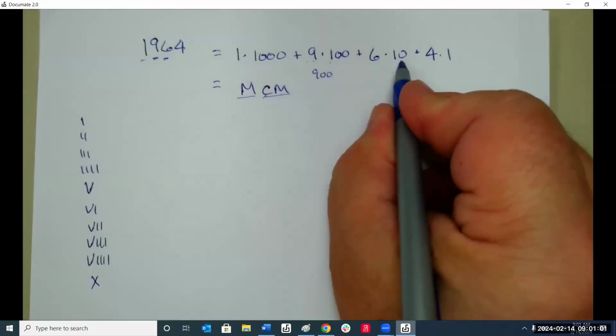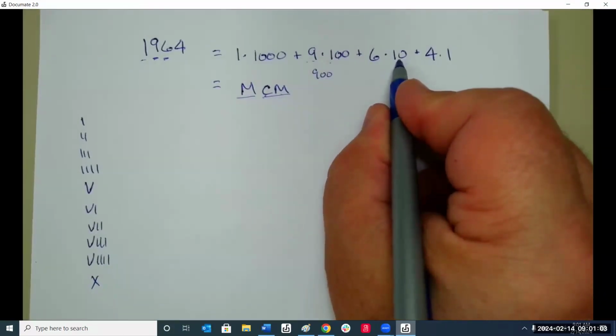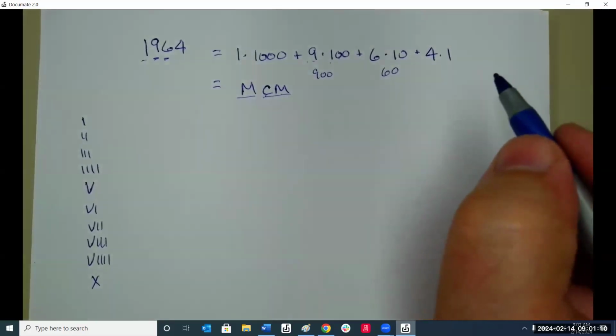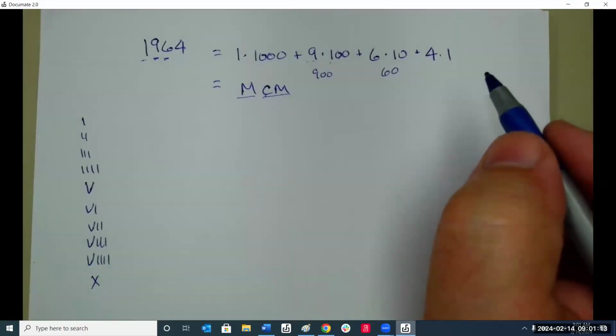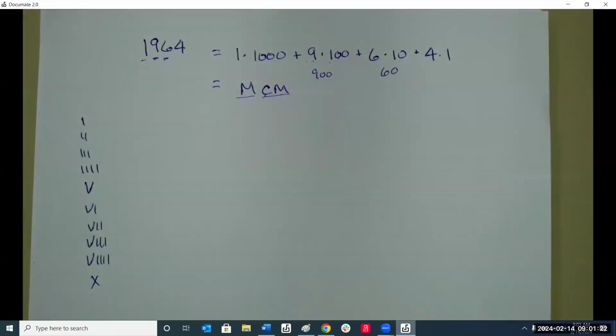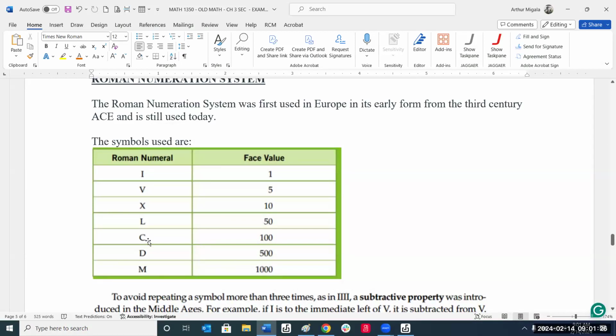The next one, this number is 60. Okay, so what are the possibilities here? Isn't that close to a 50? So it's a 50 and a 10.